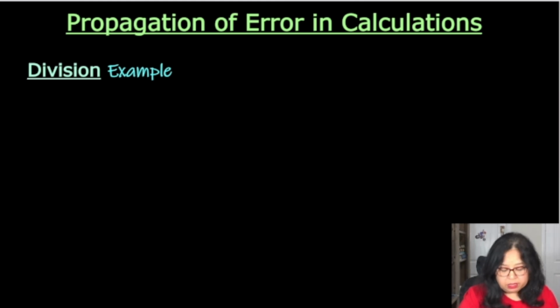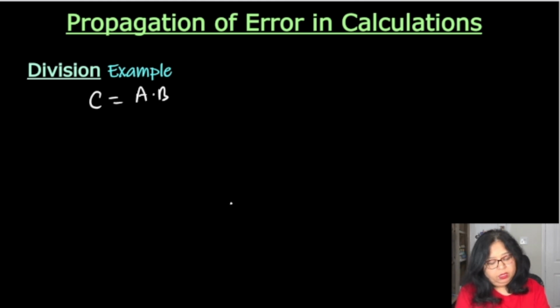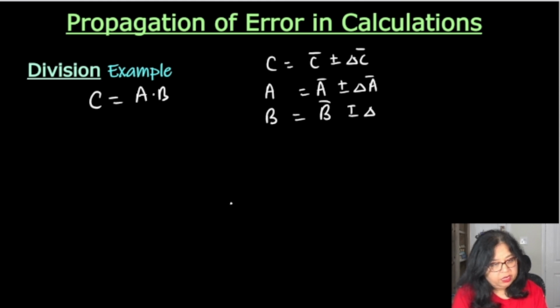So the other method is, let's say you have C, which is A times B. Same thing: C is equal to C bar plus or minus delta C bar. That's what we're trying to find out. A is A bar plus or minus delta A bar. B is B bar plus or minus delta B bar. We want to find this delta C because C bar is easy.